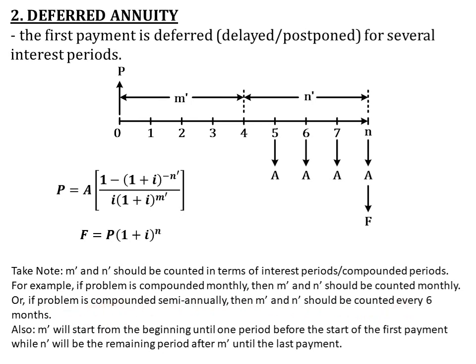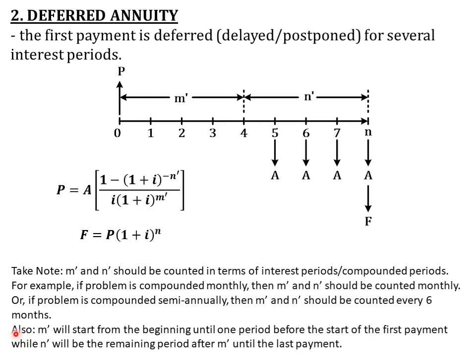You're not going to count n prime and m prime per year or yearly. You have to count it in terms of the compounding of the example. Let's say your example is compounded monthly, so you count the m prime and n prime monthly. If semi-annually, then count the m prime and n prime semi-annually or every 6 months.